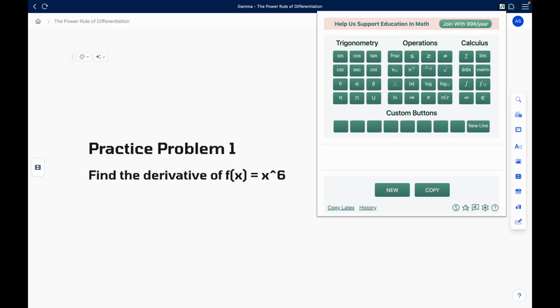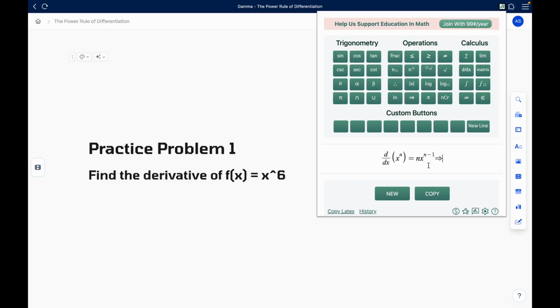Now, the first thing that we need to do is state the power rule. So, d by dx of x to the power of n is equal to n times x to the power of n minus 1. This is the power rule, of course, and then what we're going to do is pretty much plug and chug.